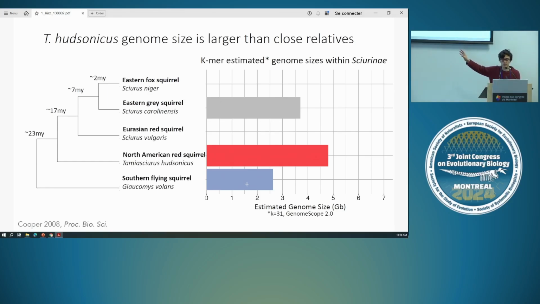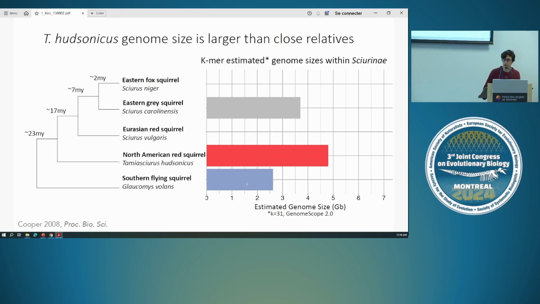I've selected the species here based on phylogenetic proximity, as well as which ones have published assemblies that we can use to analyze. I've also included divergence times, very rough, for the species here. As you can see, Tamiasciurus hudsonicus diverged from its closest relatives in this tree about 17 million years ago, which for context is roughly the same distance between humans and orangutans.